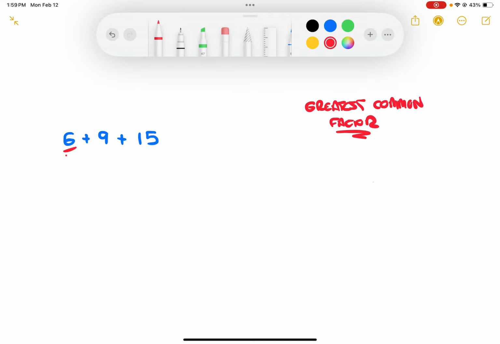Not going to be 2, because 9 divided by 2 would be a decimal. It would have to be 3, right? Because 6 divided by 3 is 2, 9 divided by 3 is 3, and 15 divided by 3 is 5. And there is no number greater than 3 that will accomplish that. So in this case, the greatest common factor would be 3.